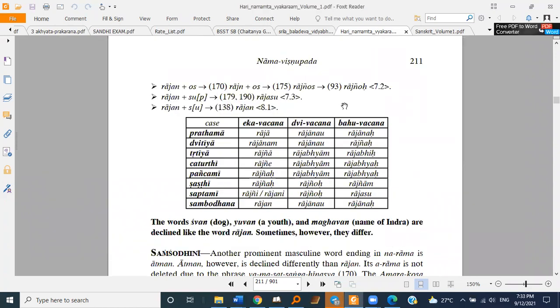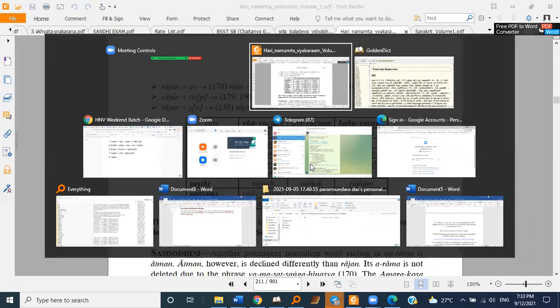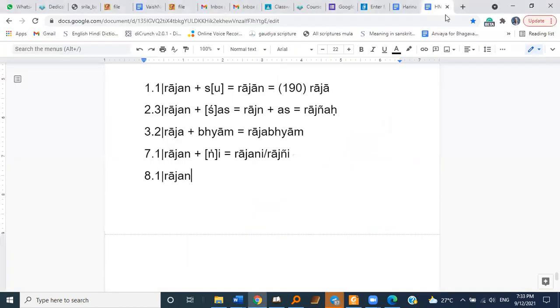Any clarification? Anything? No problem, clear till now. Mataji, is it clear? Okay. Let's do one.